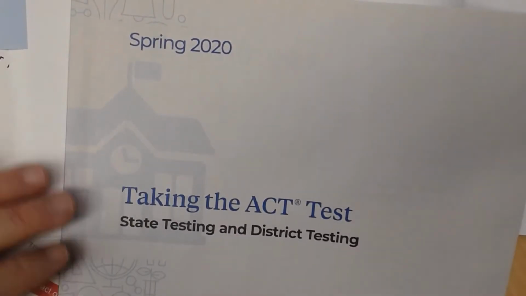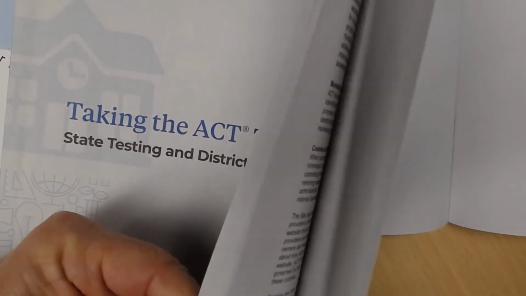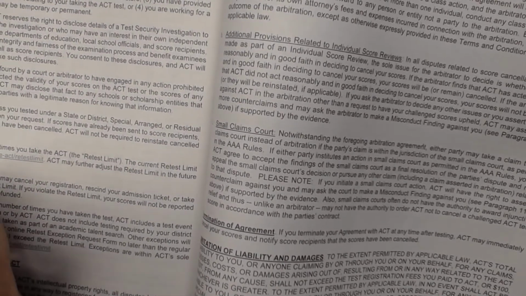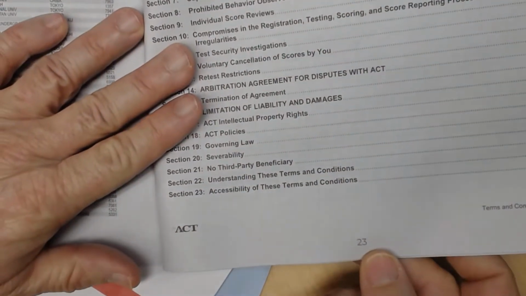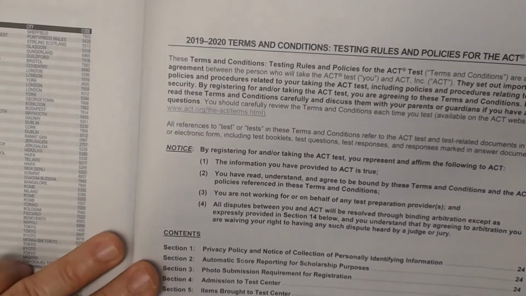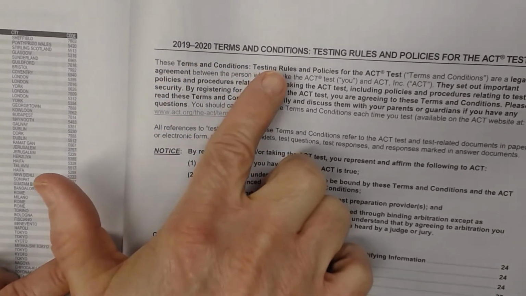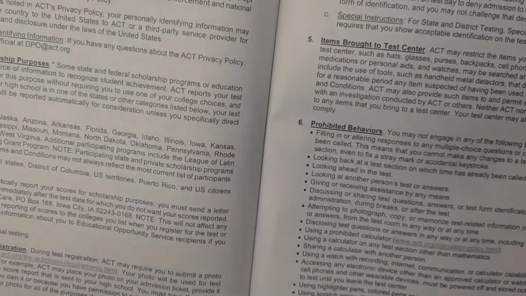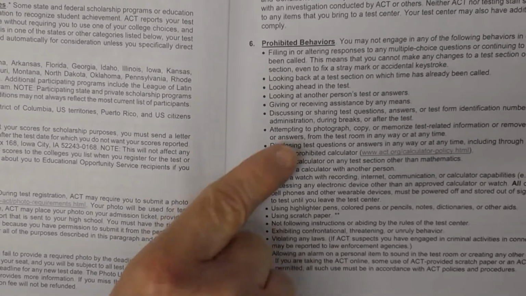All right, so it's important that each student gets this, because at the end of this document, and this is on page 23, there's a section called 2019-2020 Terms and Conditions, Testing Rules and Policies for the ACT Test. So they read this, and there's a bunch of information here, and number 6 is the prohibited behaviors that are listed.